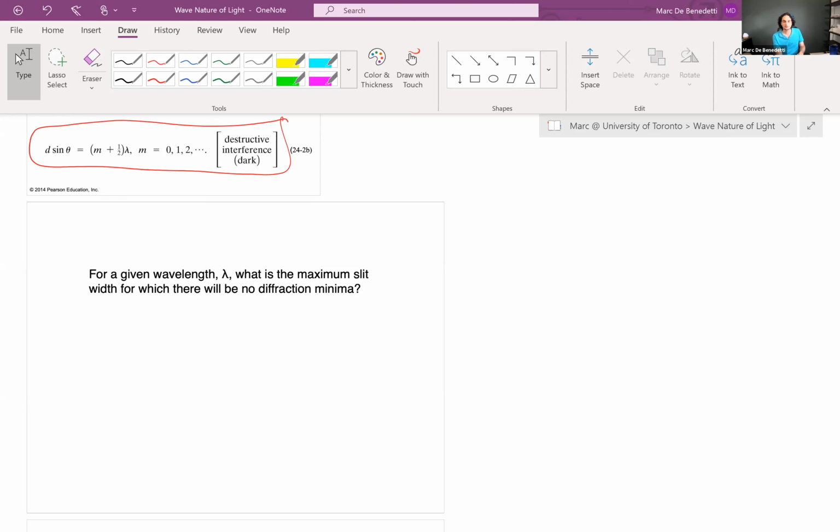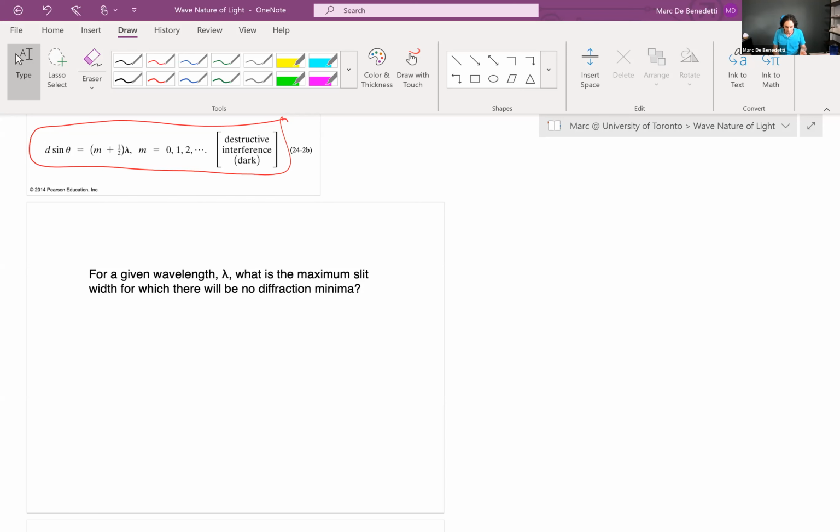For a given wavelength lambda, what is the maximum slit width for which there will be no diffraction minimum? You might be thinking, there are lots of quote unquote slits in your day-to-day life. For instance, a doorway. A doorway is just a really big slit, you know? And you might be thinking, well, I don't see weird reflection patterns on my wall, Mark. You're lying to me.